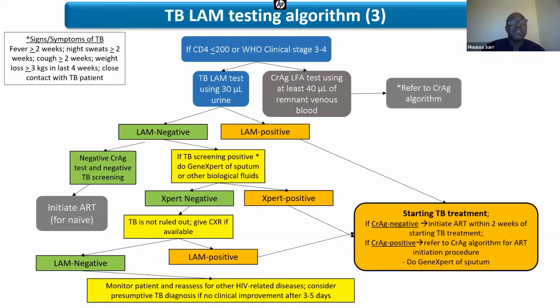If the TB screening is positive, we're going to do the GeneXpert on sputum. If the Xpert is negative, we're going to rule out TB. If the Xpert is positive, we're going to initiate TB treatment. The same thing if the TB-LAM is positive: we're going to initiate TB treatment.